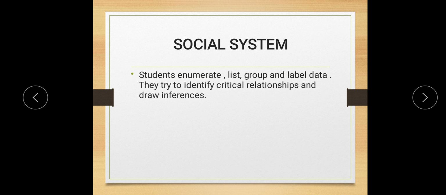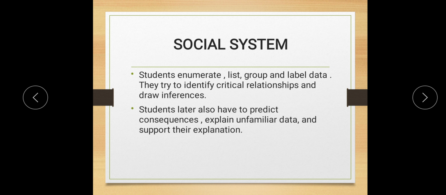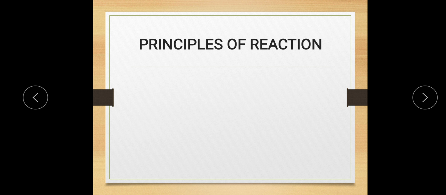Now, students enumerate, list, group, and label the data. They try to identify critical relationships and draw inferences. Students later also have to predict consequences, explain unfamiliar data, and support their explanation, isn't it? This is what we discussed in the last table. They also have to verify these predictions.